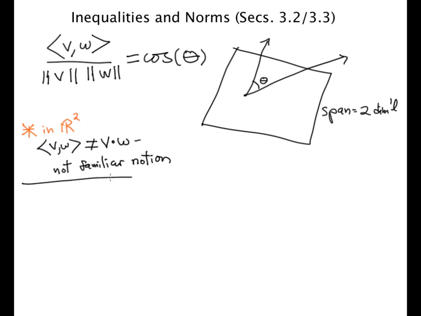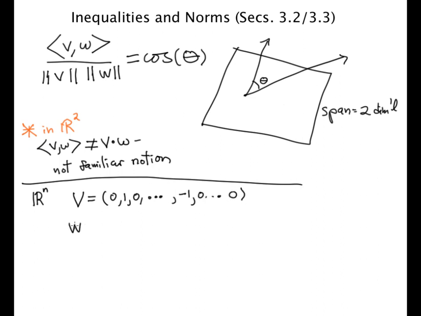So anyway, let's do a couple of examples of that. So suppose you're in Rn, and I took the following two vectors. So I took one vector like this, and the other vector similarly. I should have written this here with a dot, dot, dot.